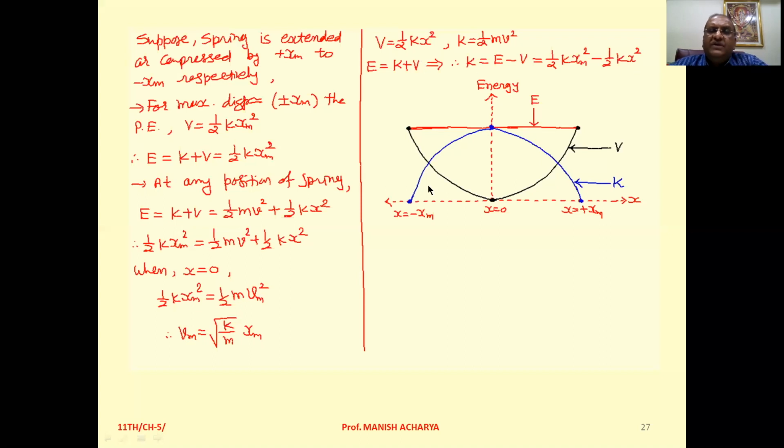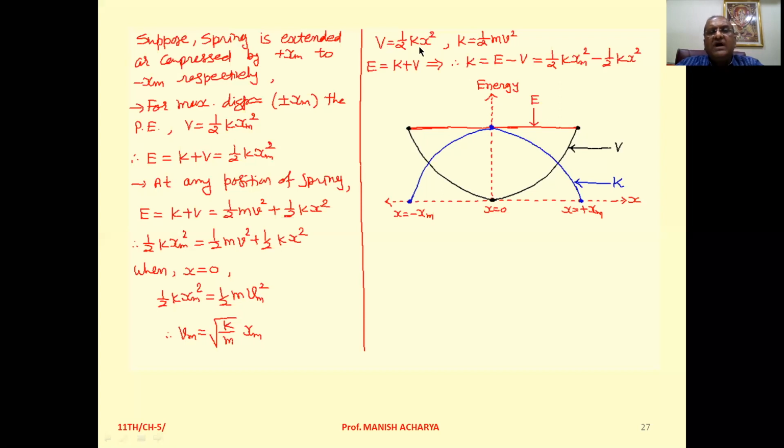Now first we think about total mechanical energy, from minus xm to plus xm. Total mechanical energy E, that is half k xm square, remains the same. So the graph of total energy versus displacement will be a straight line parallel to the x-axis. That remains constant from minus xm to plus xm.